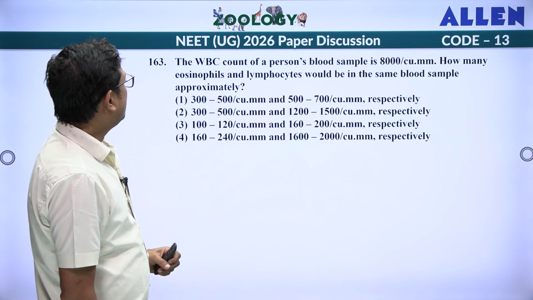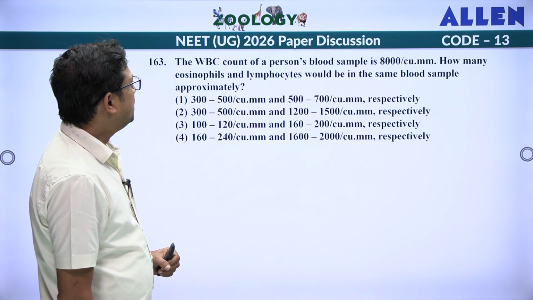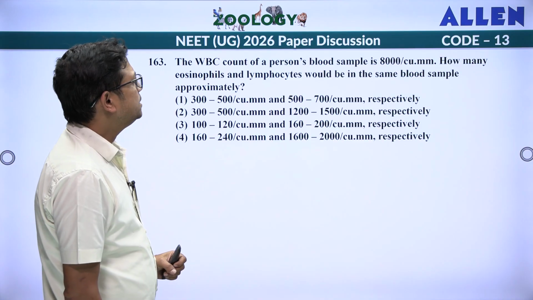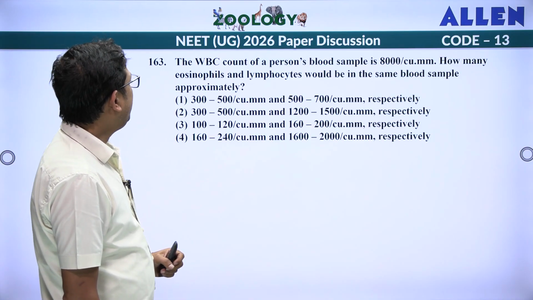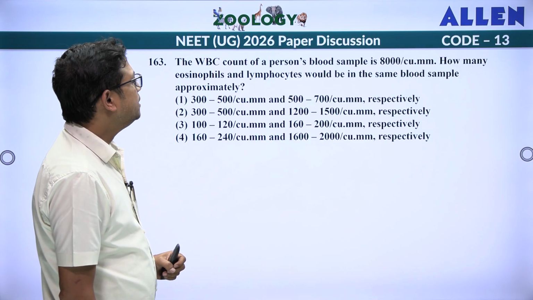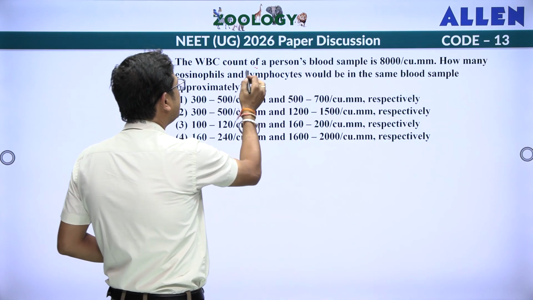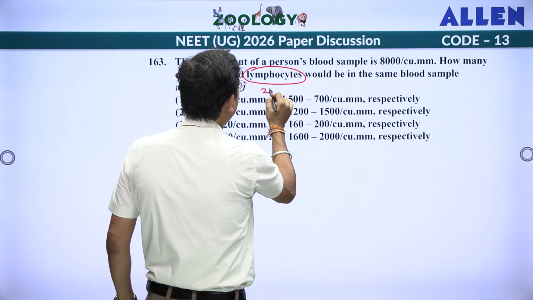Next. The WBC count of a person's blood sample is 8,000 per cubic mm. How many eosinophil and lymphocyte would be in the same blood sample? Okay. Lymphocyte percentage is 20% to 40%.